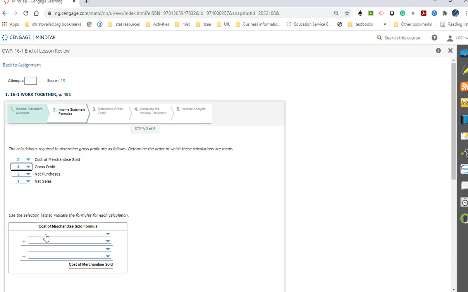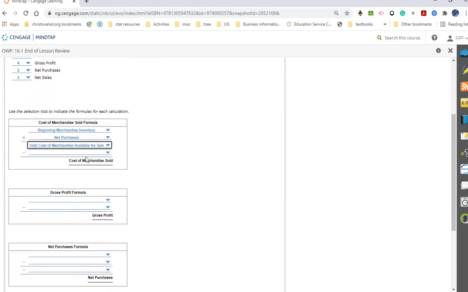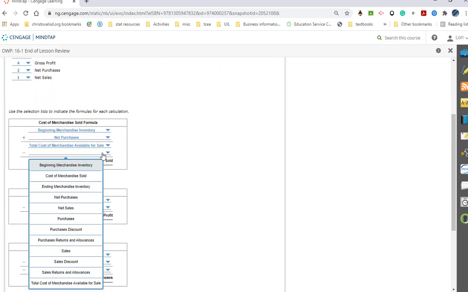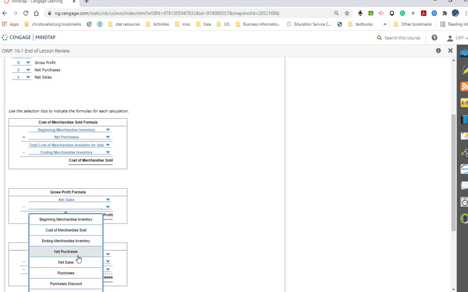Your cost of merchandise sold formula is beginning inventory, add in your net purchases, and that gives you your total cost of merchandise available for sale. And then you're going to subtract out your ending inventory. Your gross profits formula is your net sales minus your cost of goods sold.